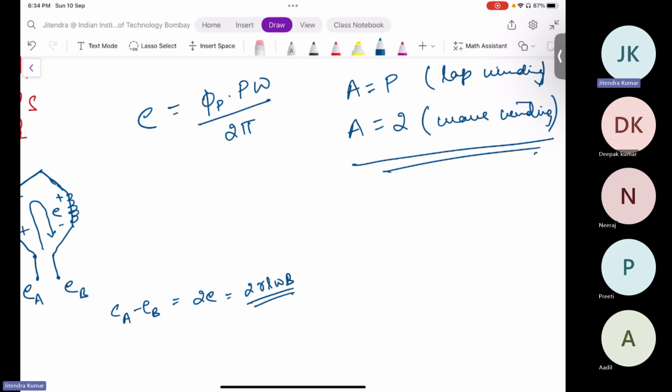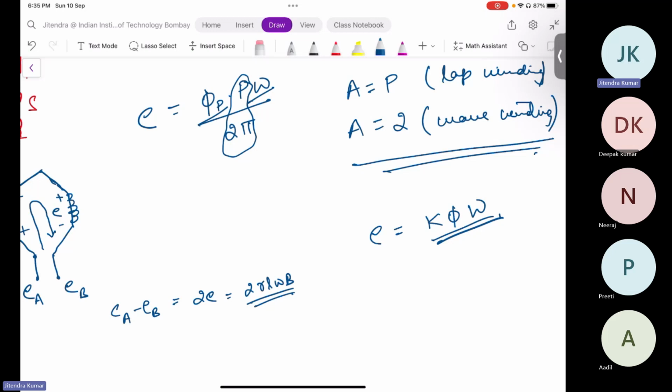There is a lot of such stuff to realize, right? So this is essentially your EMF induced. Now you are convinced why EMF is coming like K phi omega. This is phi, this is omega, and whatever constant is there will be known as K. Now you got it: why EMF is directly proportional to K phi omega.